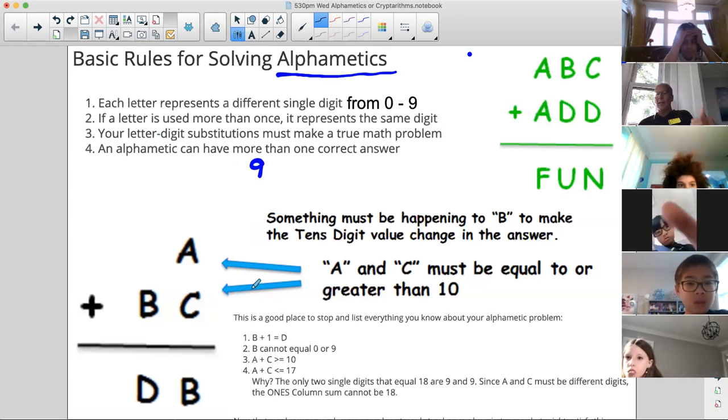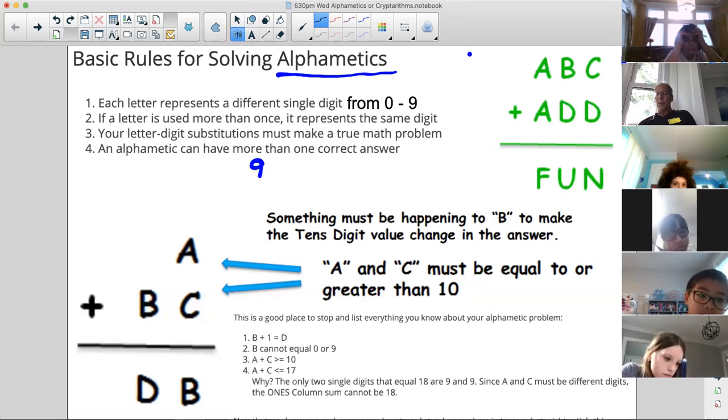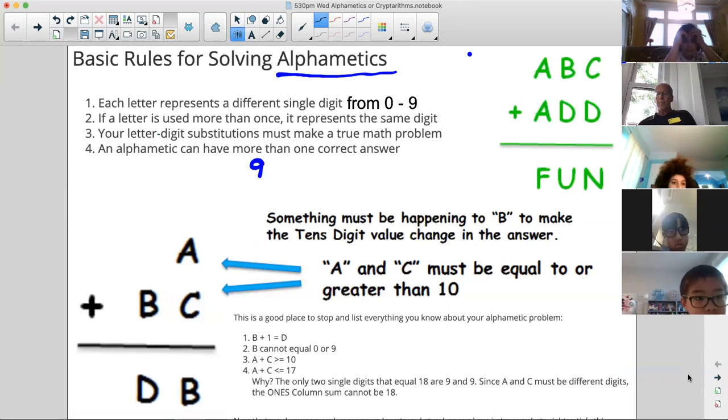Adalia, if you have an idea, or Luke, or Rafa, if you have an idea, why don't you share it? And Hannah? Haven't tried this, but 4. I love the fact that you tried something. That's what mathematicians do. So therefore, B would have to be what? 3.